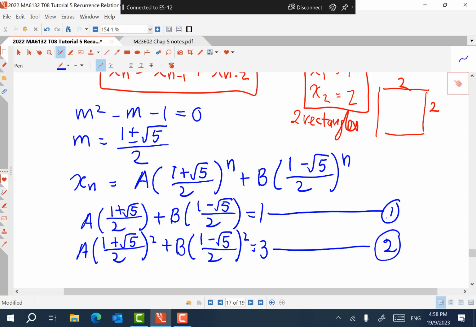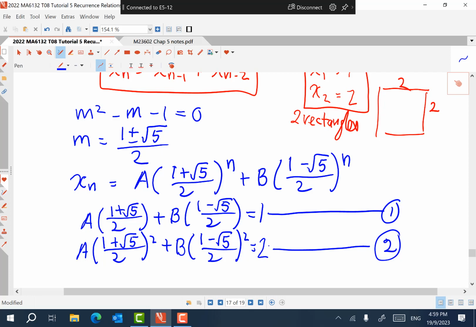So you form the simultaneous equations, and what do you do with this? You then have to solve for A and B from there. So you solve them simultaneously, right? If I wrote 3, it should be 2.